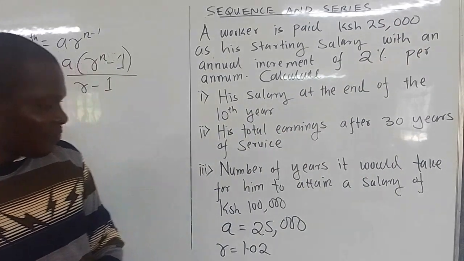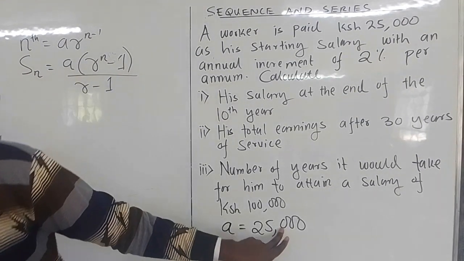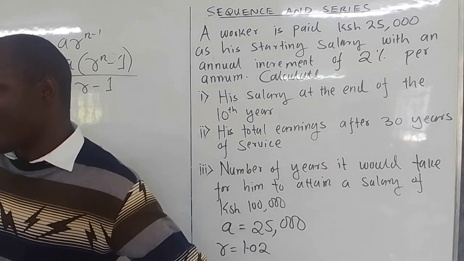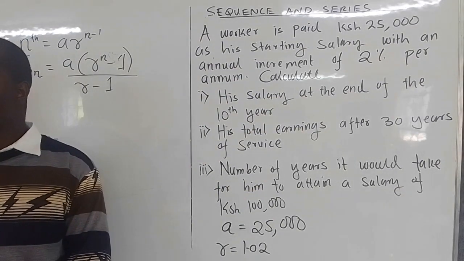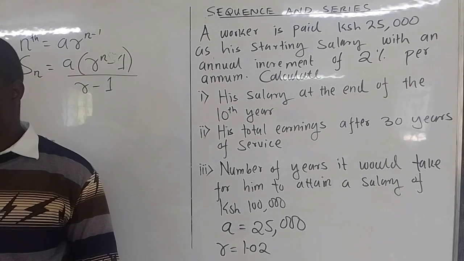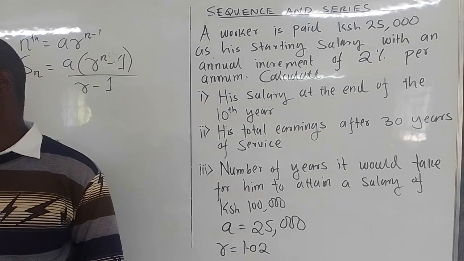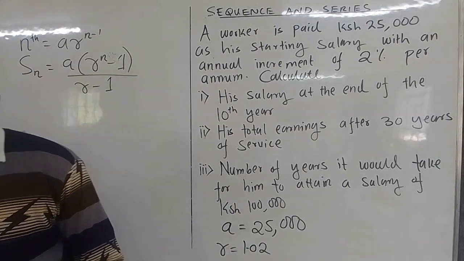So it means the first term is at the end of the first year. It is not at the start of the first year. It is now at the end of the first year. It is logical reasoning. You cannot earn a salary before the end of the year, so the first term will come after the end of 1 year.